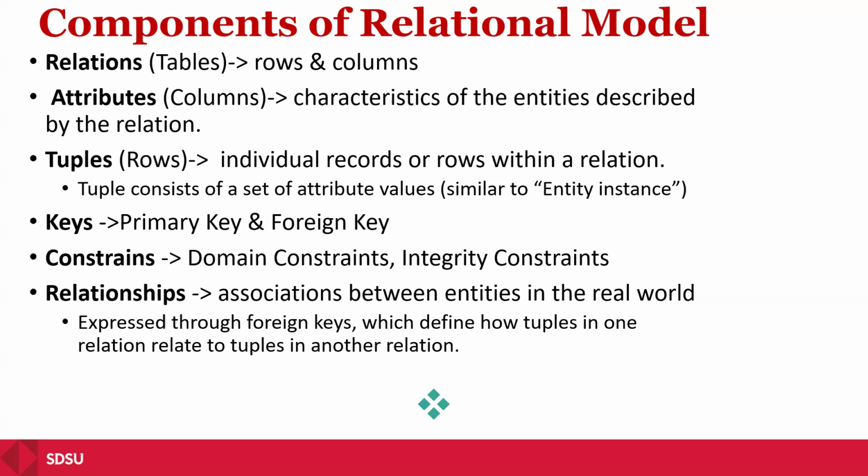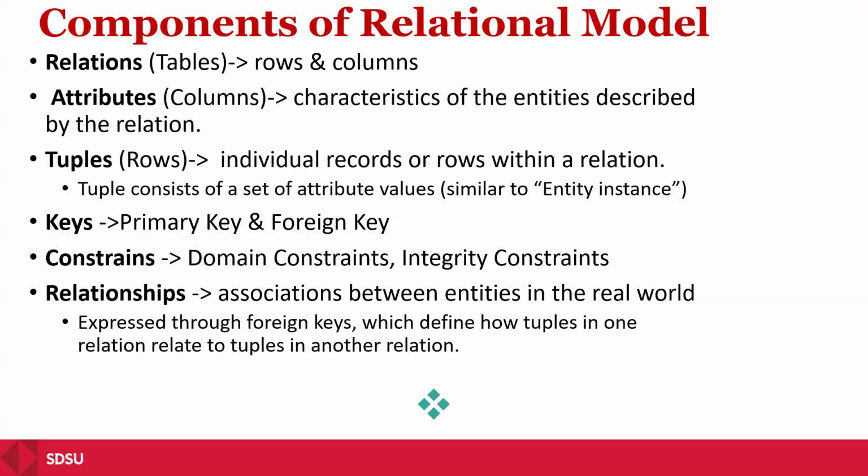And of course, we have constraints and relationships. For constraints, we have domain constraints and integrity constraints. We're going to talk about those. And a relationship is a connection between two relations that allows us to connect those relations together in order to retrieve data.